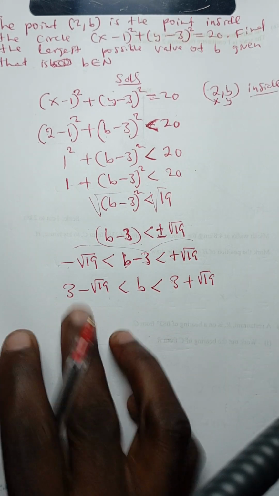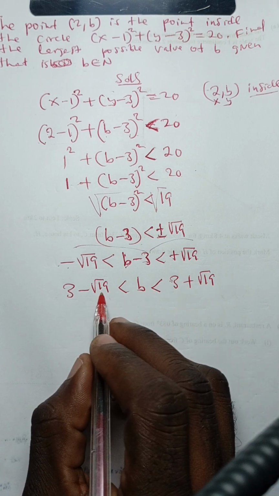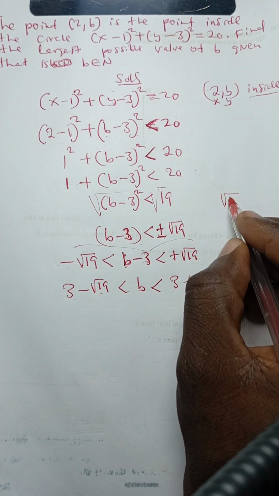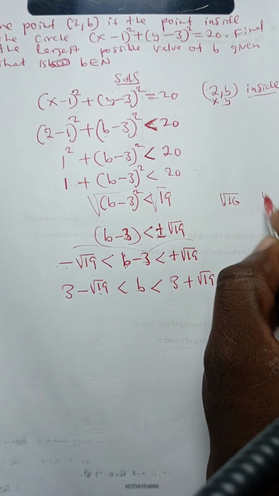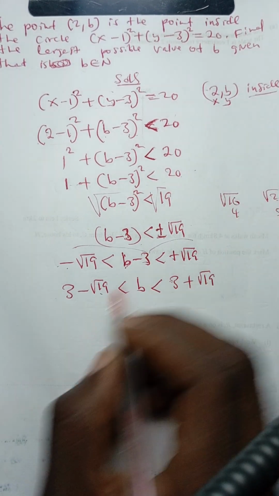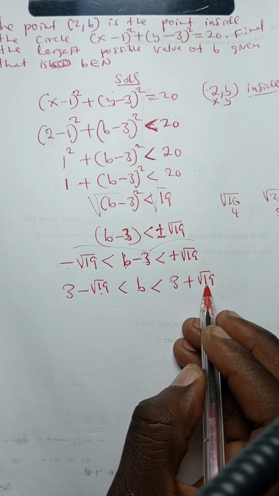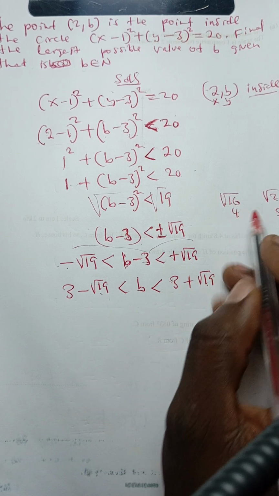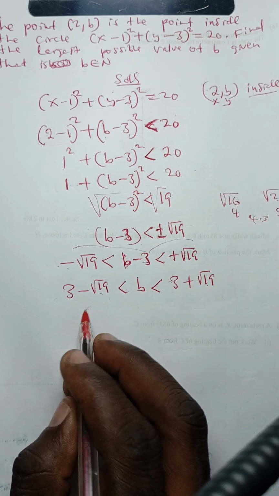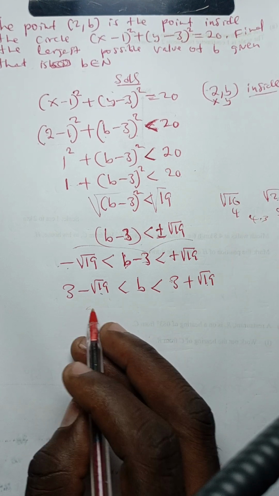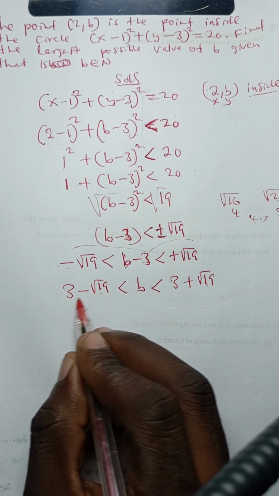Now, as we can see, this 19 is right between the square root of 16 and the square root of 25. The square root of 16 is 4, and the square root of 25 is 5. So the square root of 19 is 4 point something, approximately 4.3. So this means this is the greatest value.